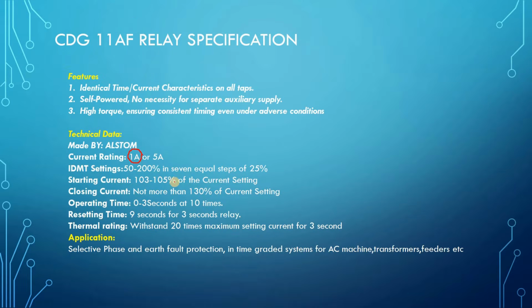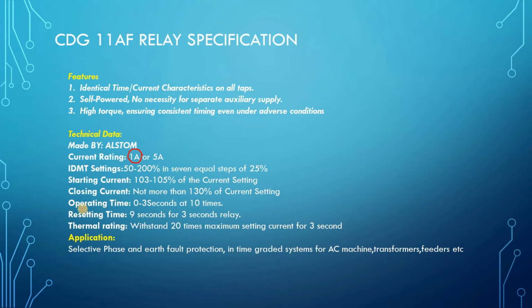That means if the current setting is 1 ampere, 1.03 to 1.05 ampere. If your current is increasing beyond this, then the relay will start to operate. That is the starting current of the relay. Less than that is the normal operating current of the relay. Current not more than 1% of the current setting.